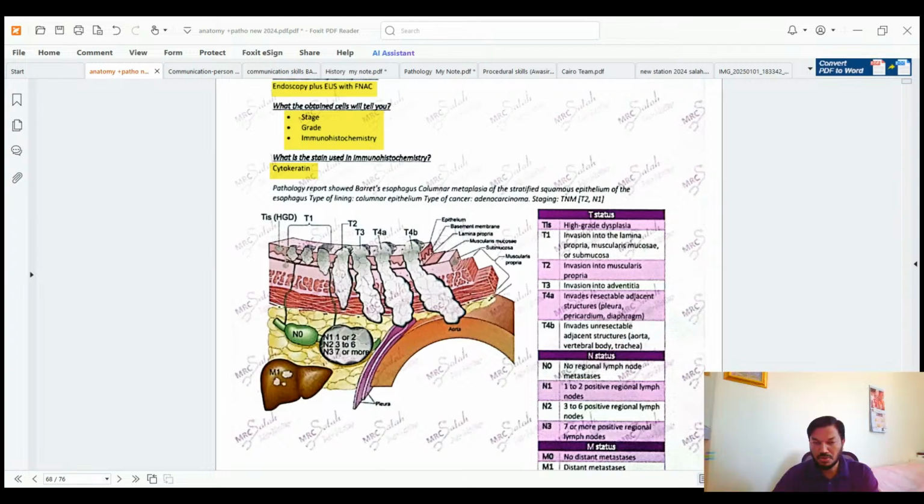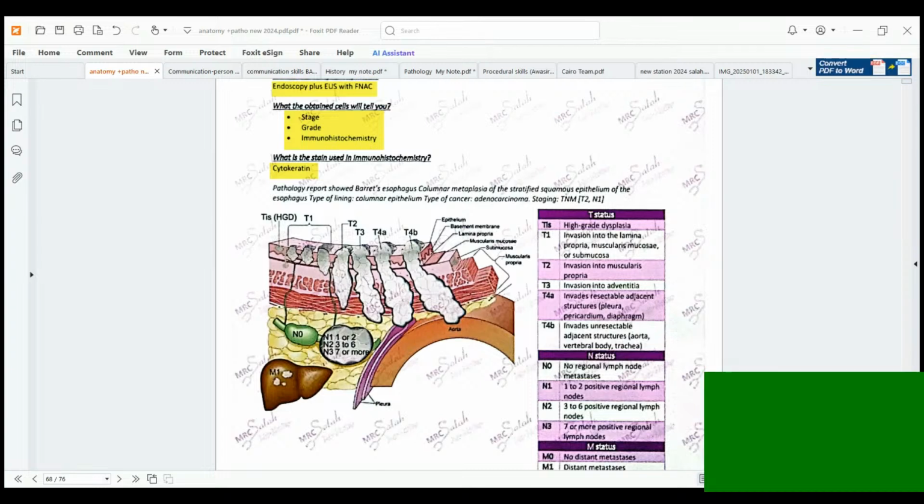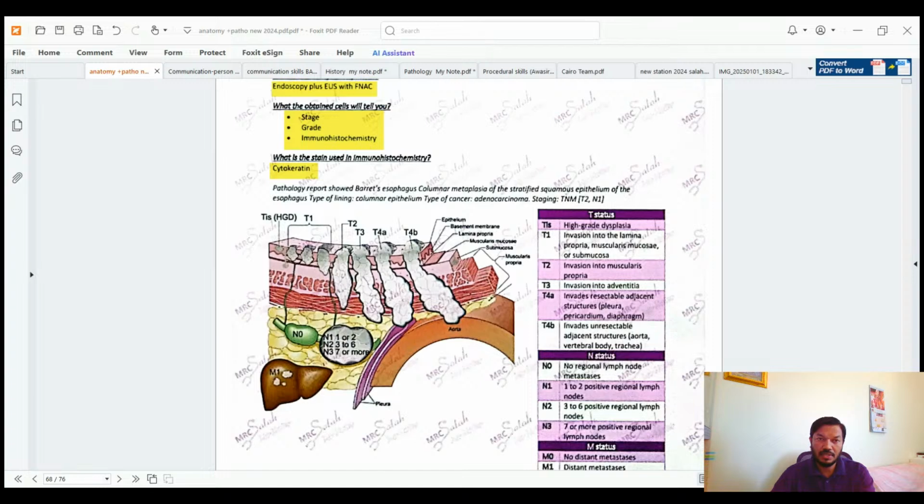In immunohistochemistry, the often cell will tell you stage and grade. What is the stain used in immunohistochemistry?